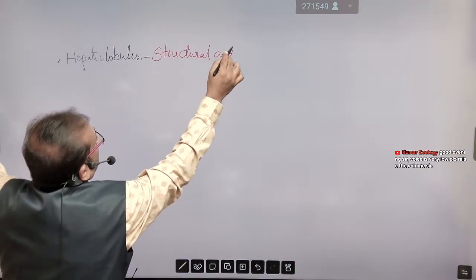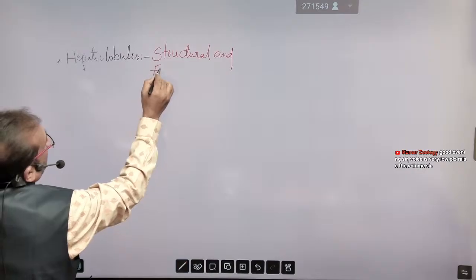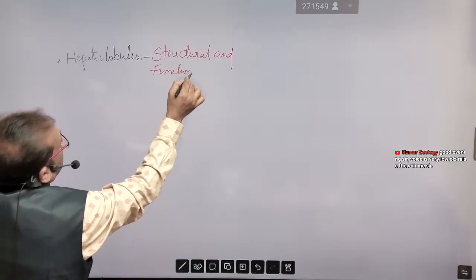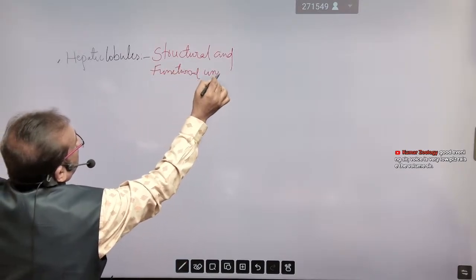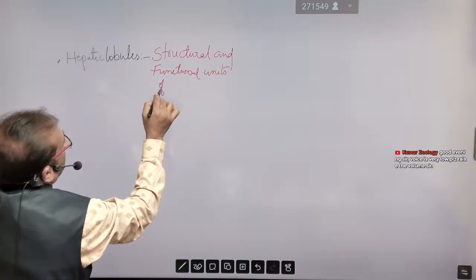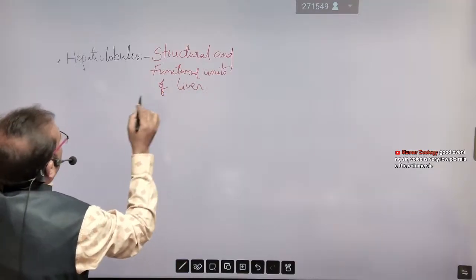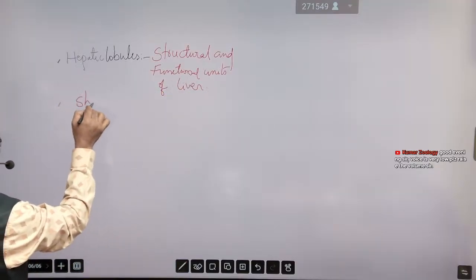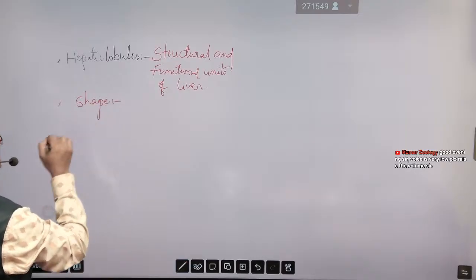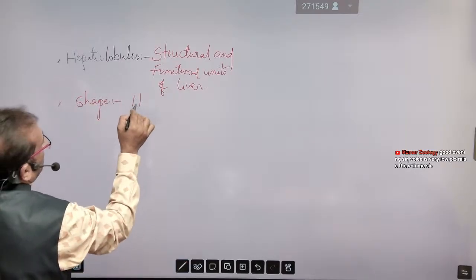The shape of hepatic lobules is hexagonal.